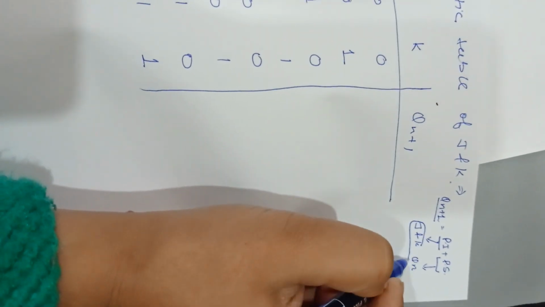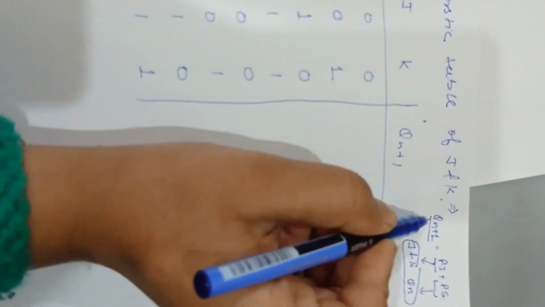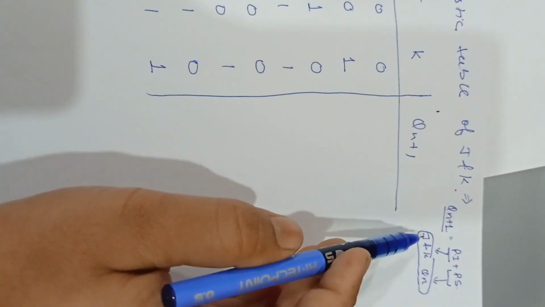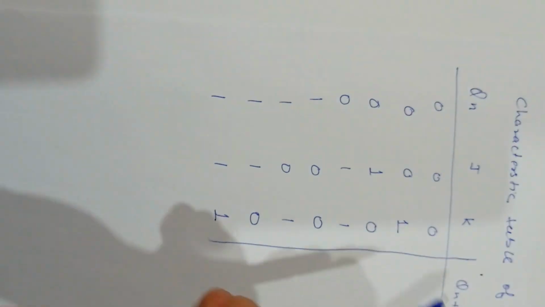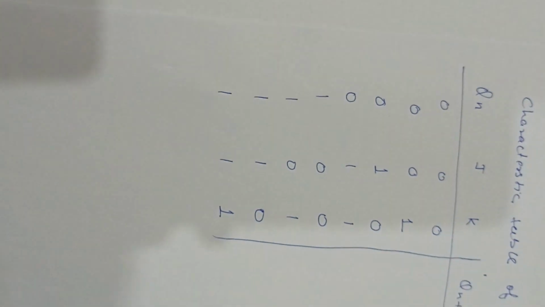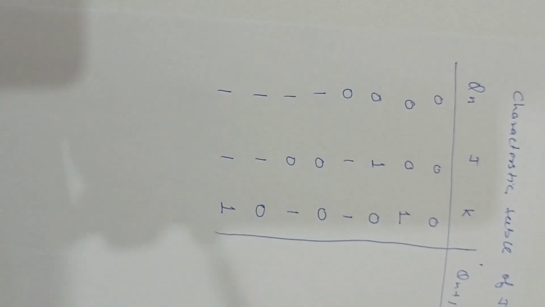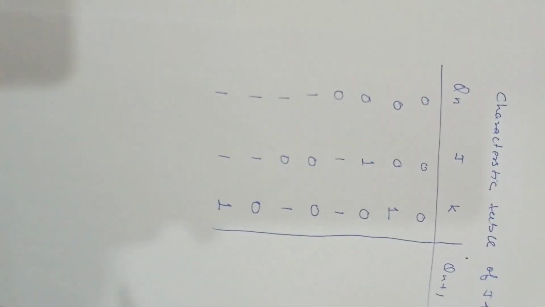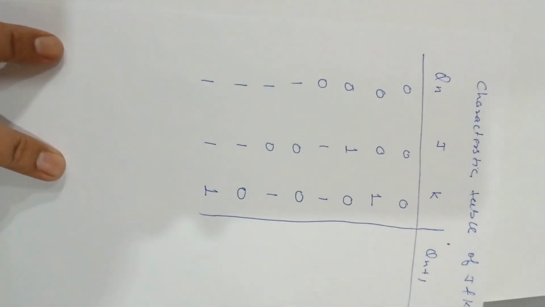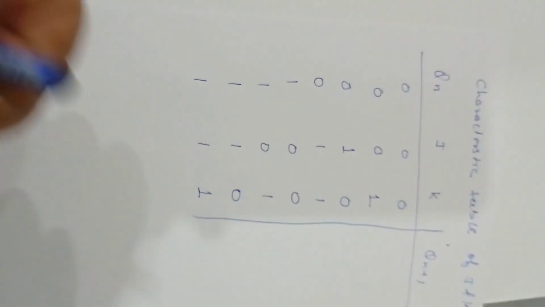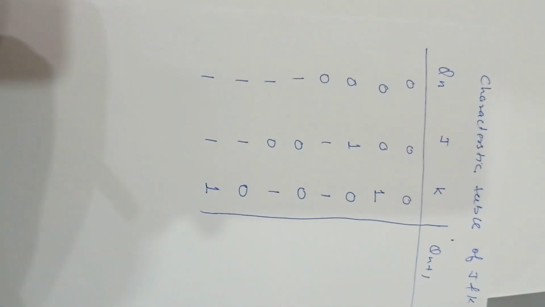So for the output Qn+1 we have three input variables, J, K and Qn, which gives 8 possible combinations. So we have 8 possible combinations for the three input variables Qn, J and K, and one output, Qn+1.